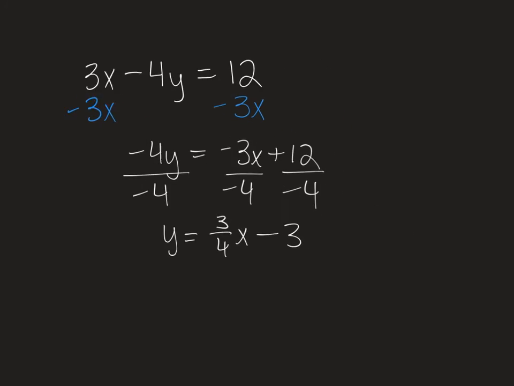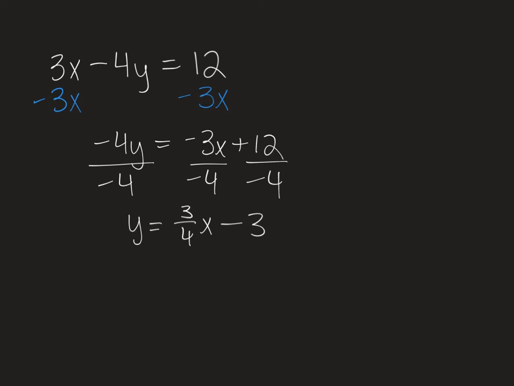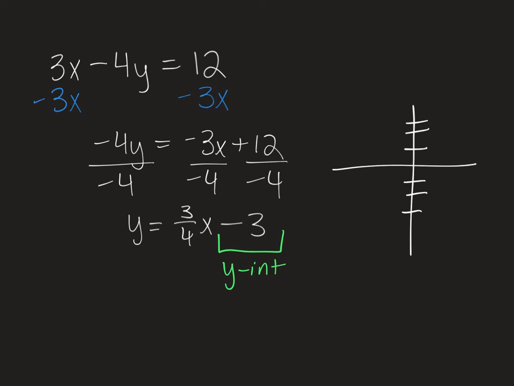Now to graph that, you guys want me to go ahead and graph it? Okay. All right, so remember that this here is your y-intercept. So that means on our graph, on the y-axis, we're going to go down to negative 3, and we're going to put a dot right there.